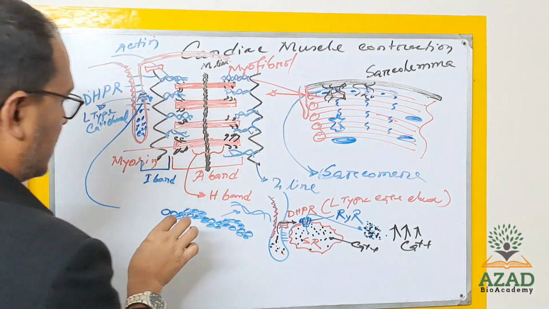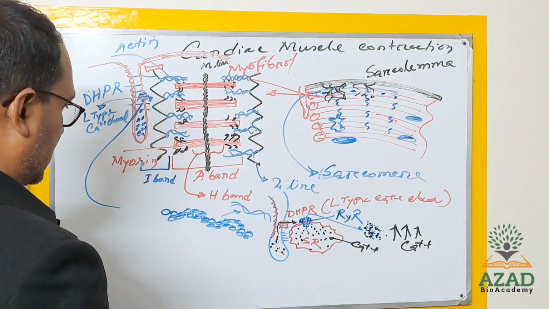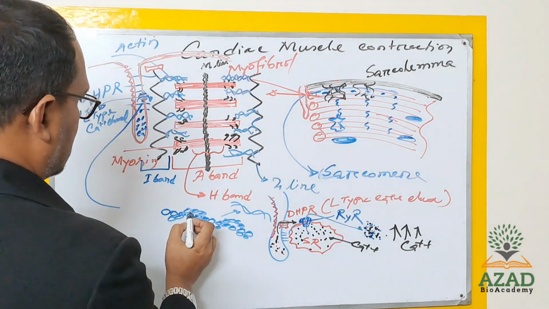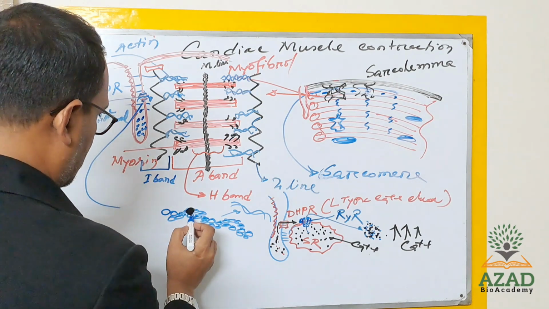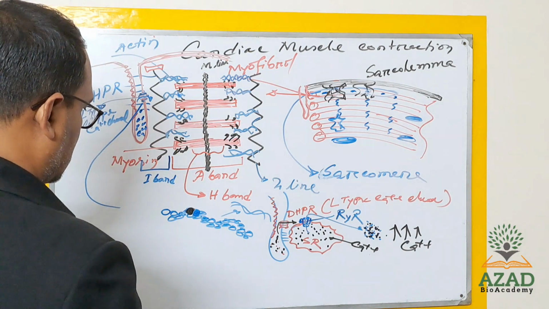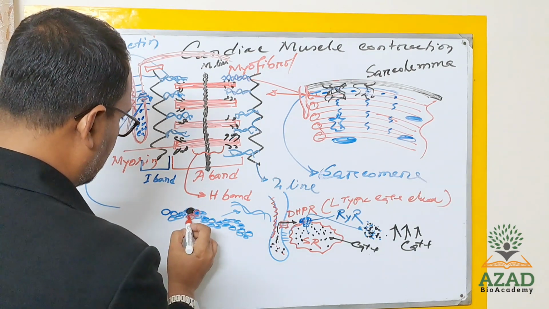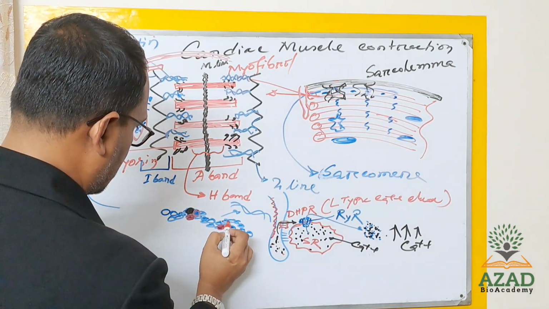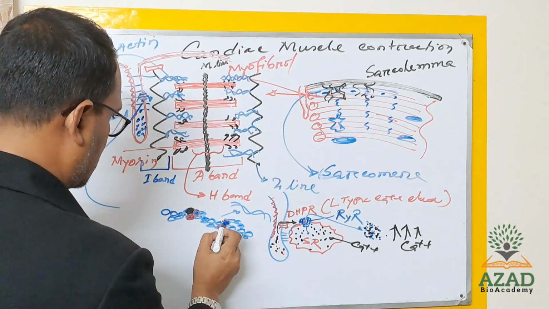But in the normal state, actin will not be free like that. What will happen? In every 7 monomers, a special type of troponin protein is there. Here is troponin protein, and here troponin protein.